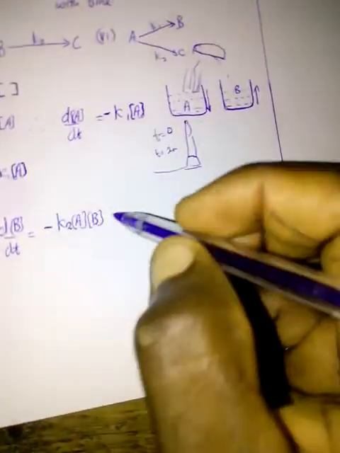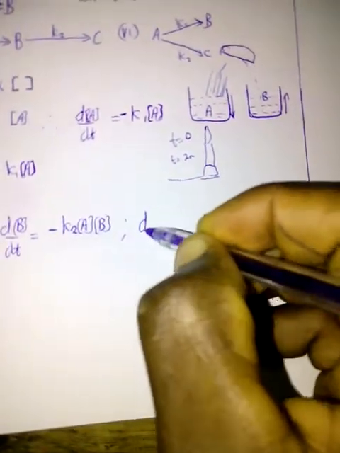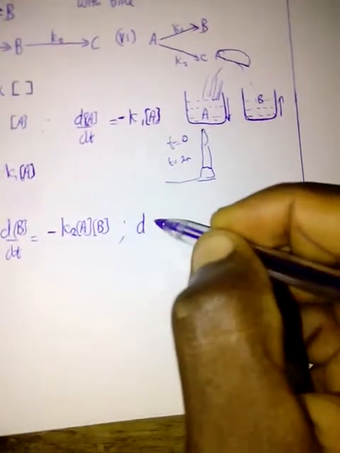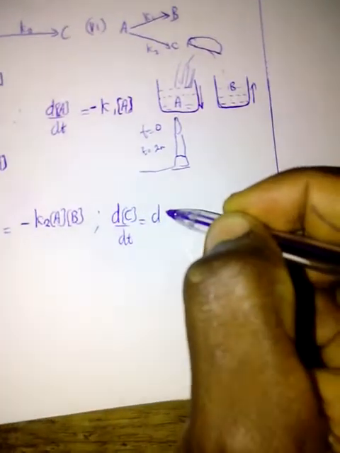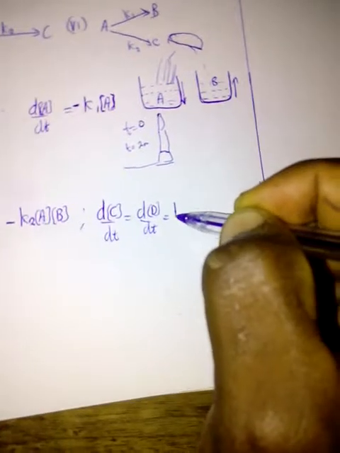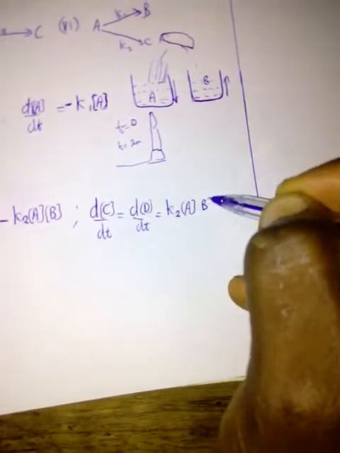For the products, which are C and D, d[C]/dt equals d[D]/dt equals k2[A][B].